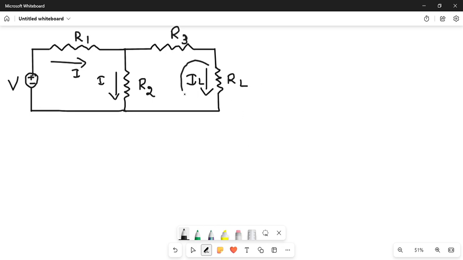To find the load current IL: IL is equal to this current I into this resistance, that is, I into R2, whole divided by the total resistance. This is the current divider rule that we are using, so please note that down.